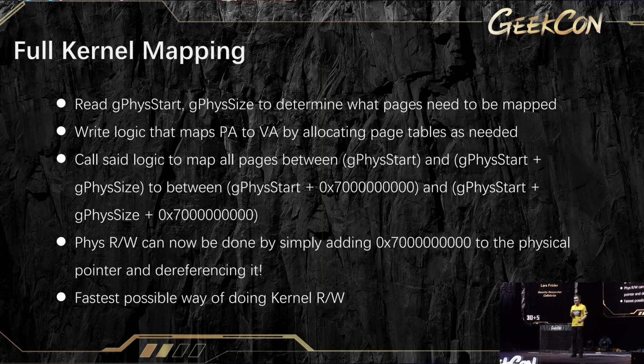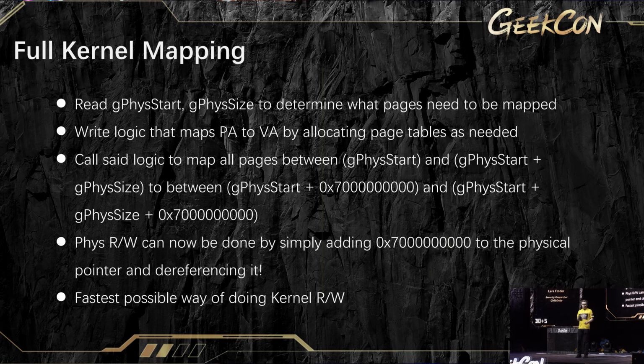And now we can simply enumerate all possible pages and map them to some area inside our own process. In practice, I use the address hex 70000, which is the last level 1 entry.